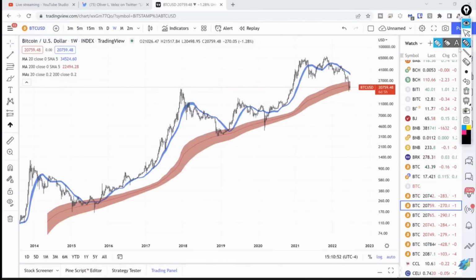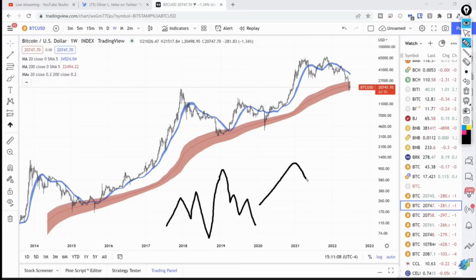This is Bitcoin in days, over days. That's days. You want to focus on Bitcoin daily, and you're going to go crazy. Because that's Bitcoin days. This is years. That's years. Okay? So here's days.